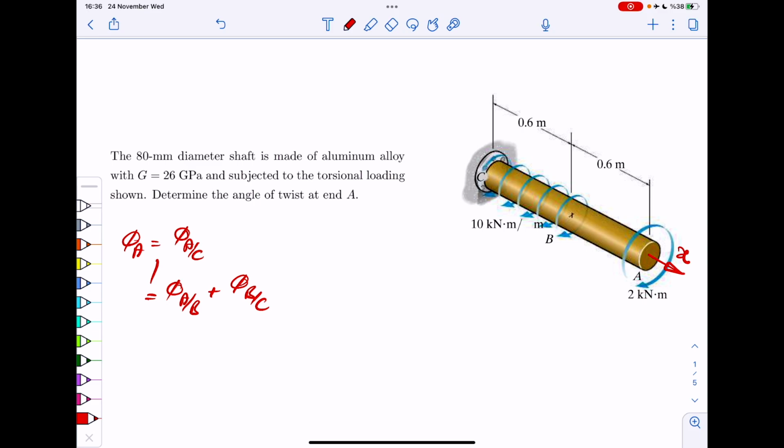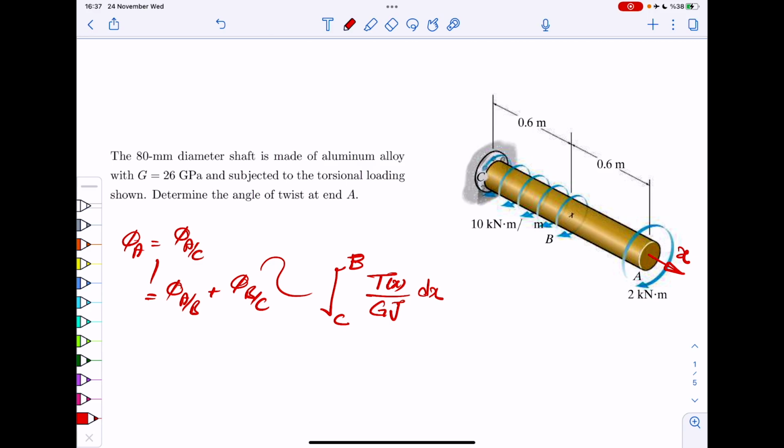Now, B with respect to C means from C to B, and in that portion you have a distributed load. So here you definitely have an integral from C to B of T as a function of x divided by GJ dx.